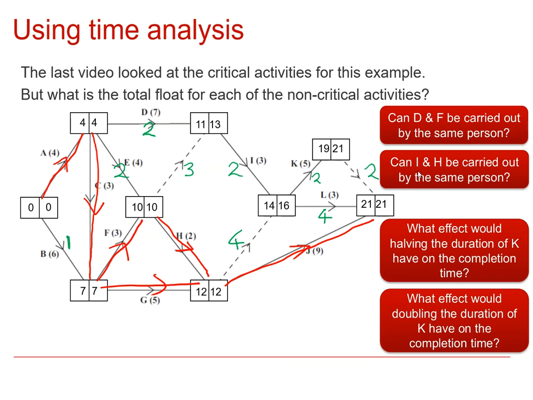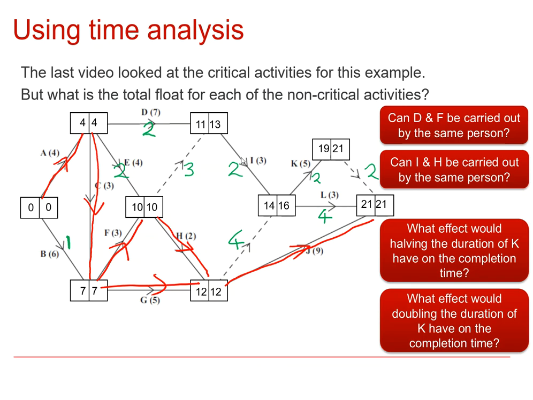What about I and H? Now then, I is here. It's got a float of 2, and H is here. H is a critical activity, so if we focus on H again, we know that H must happen from 10 until 12. The question is, can we schedule I so that it doesn't overlap?